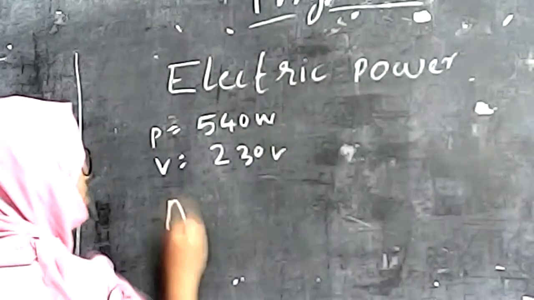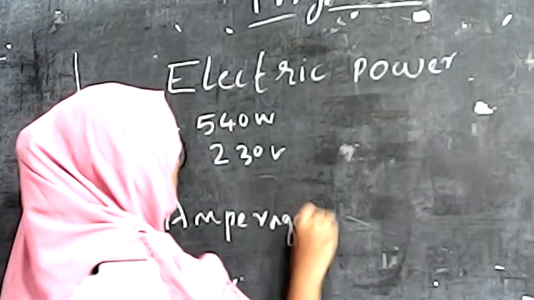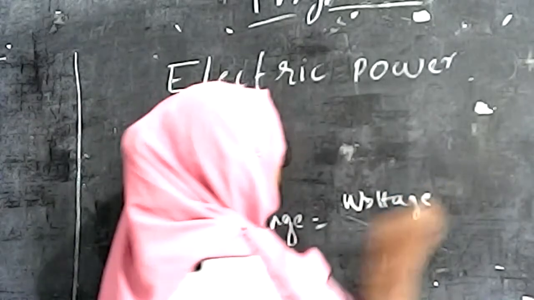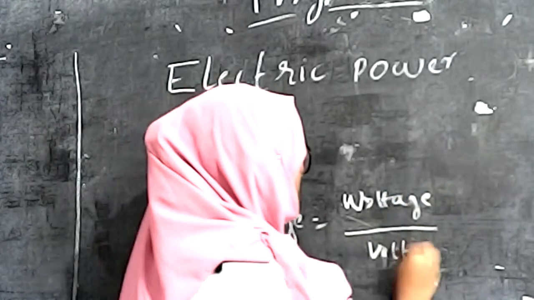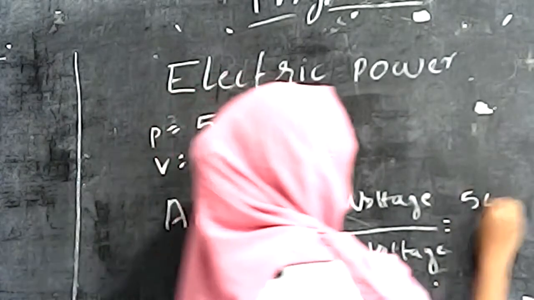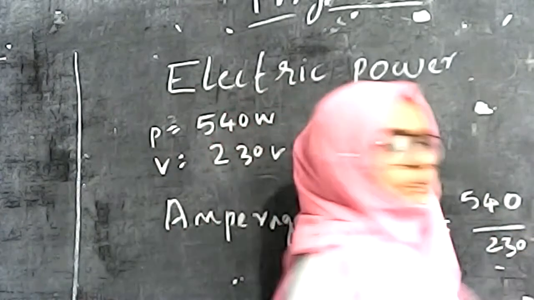Amperage is equal to power divided by voltage, which is 540 divided by 230.